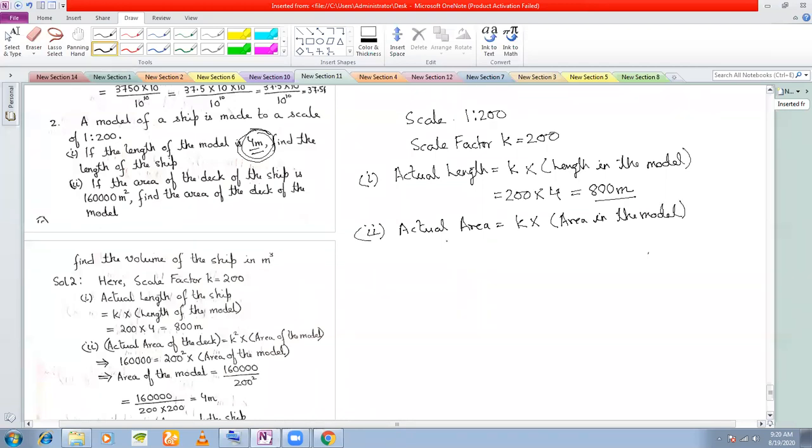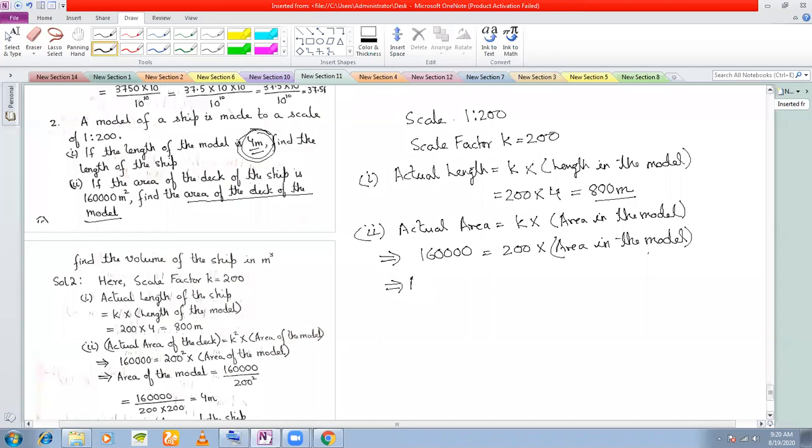Let's see what is given here. The actual area is given here: 1,60,000. Scale factor we know to be 200, into area in the model. We have to calculate this area in the model.